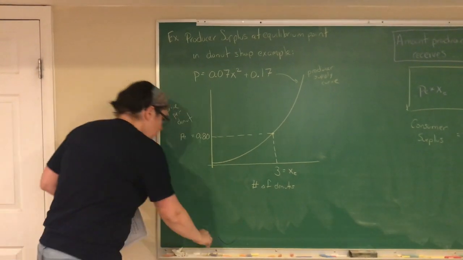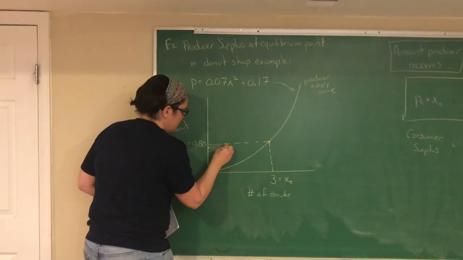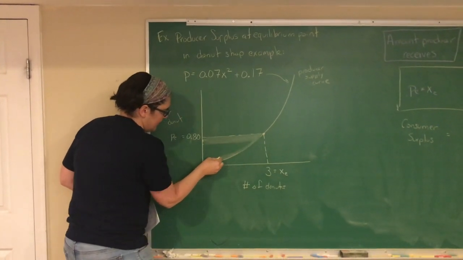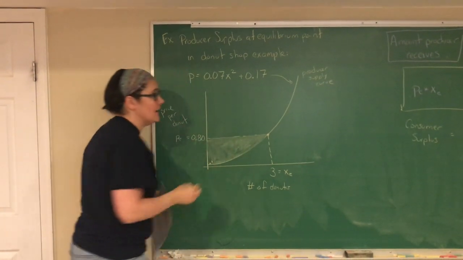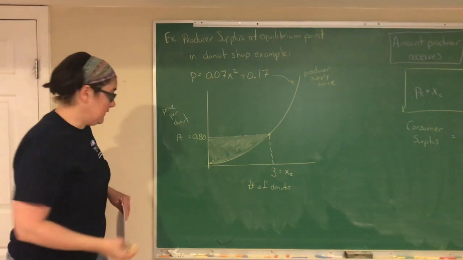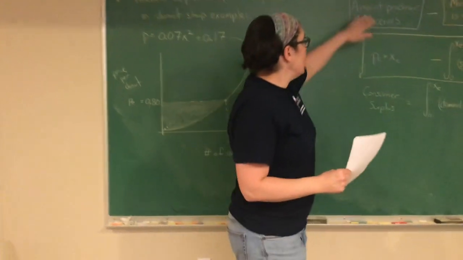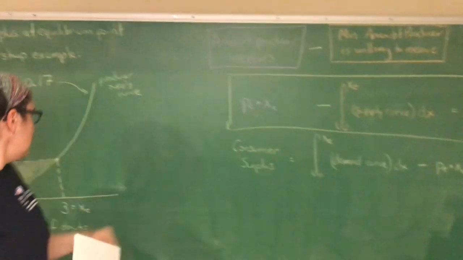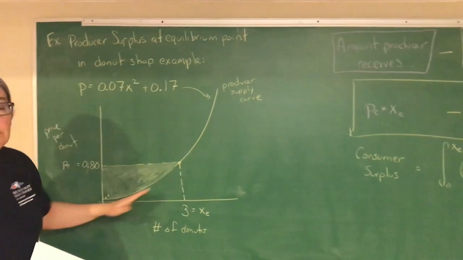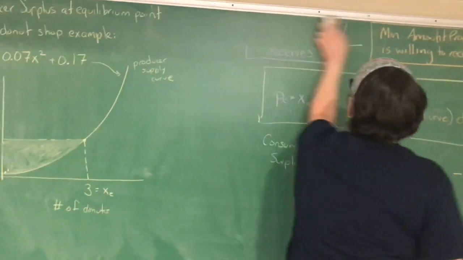Okay, so the region that we are calculating here is we are trying to find a value for this upper triangular region, and that value of that area right there tells us our producer surplus. So the two pieces of information we need are the amount the producer receives, which is our rectangle, and the area under our producer supply curve. Okay, so let's do some calculations.